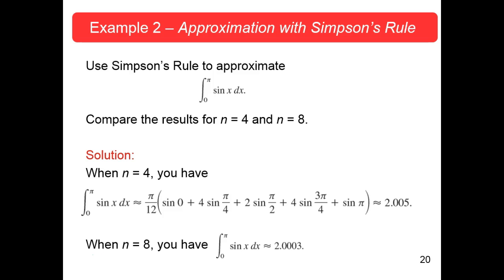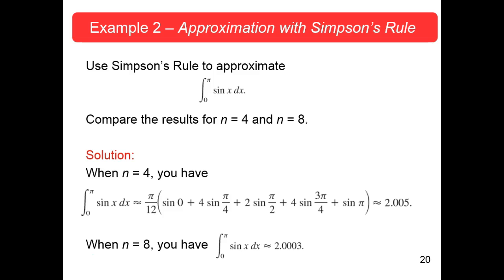Then 2 times the sine of pi halves, which is 1, so just a 2 there. Add all those up, multiply by pi, divide by 24, and you got 2.0003. Much, much closer.